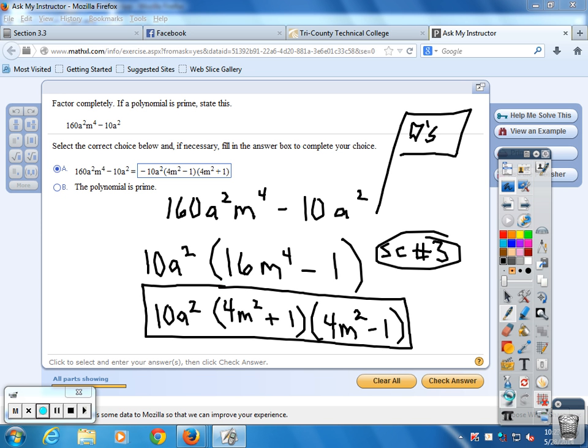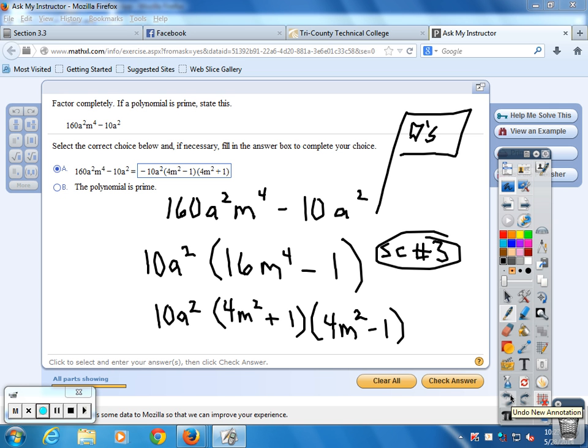There is one more step, and that is this right here. So take your handy dandy highlighter. And this can be factored even further using shortcut number 3 again. This is called a nested problem. A nested problem is when you have a shortcut or you have a property within a property, or you have 2 or 3 properties inside one problem. And this one you can do shortcut number 3 again.